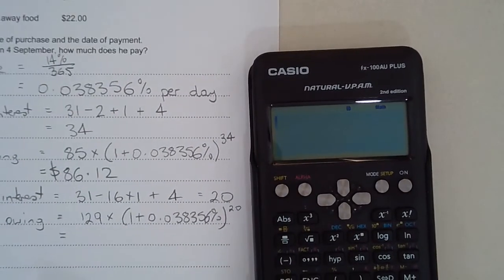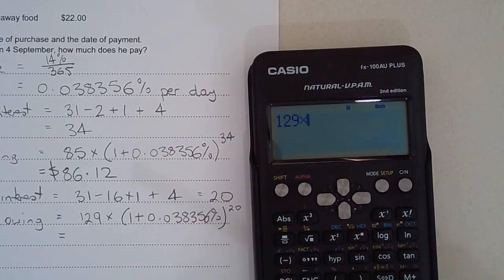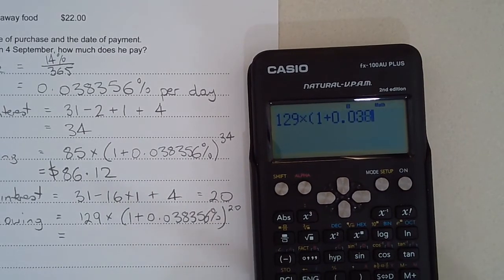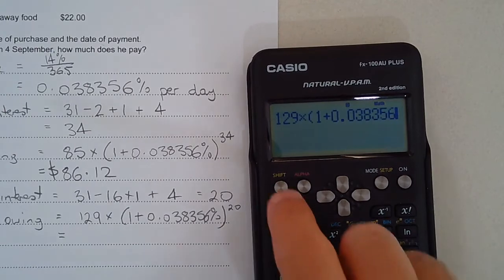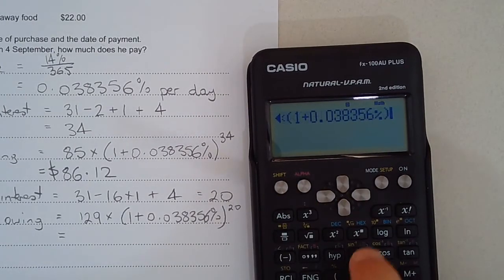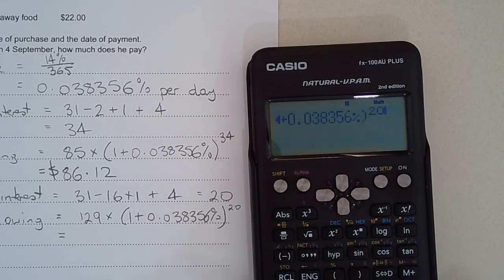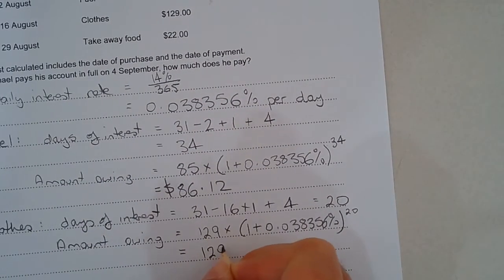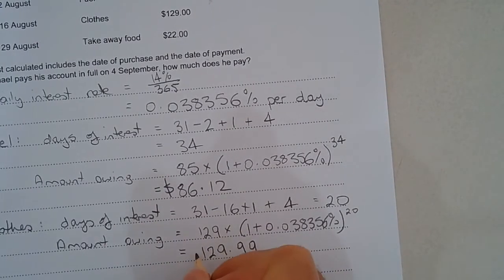So 129 times 1 plus 0.038356 shift percent to the power of 20, so 20 days of interest, and we've got $129.99. Okay, so that's the clothes.